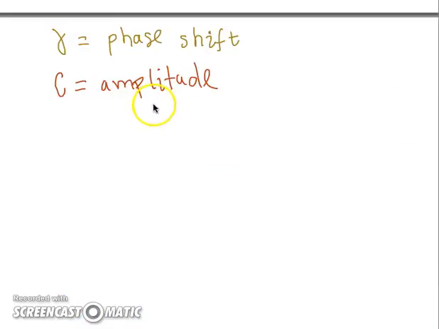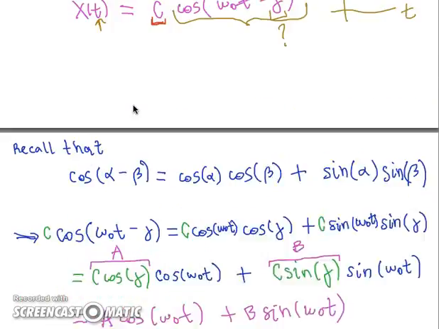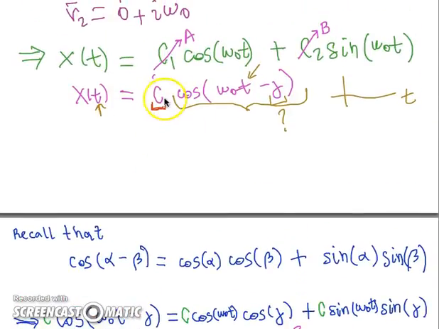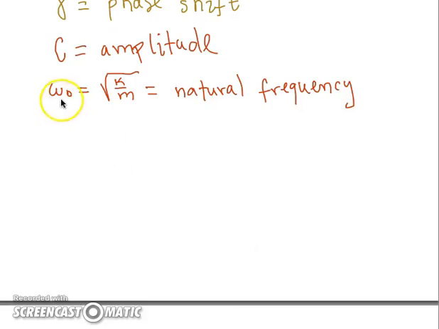The parameter c, which is the constant that appears in front of the solution, is formally called the amplitude, right? And so the amplitude has to do with basically this dimension, or this length. And the constant omega sub 0, remember, is defined as the square root of k over m, and is dubbed the natural frequency.